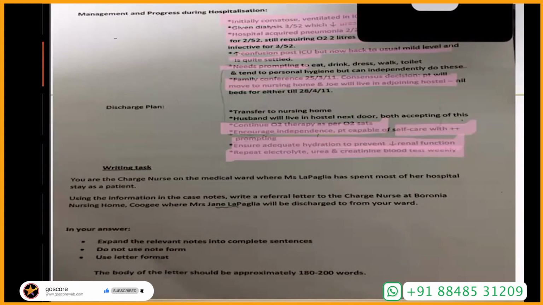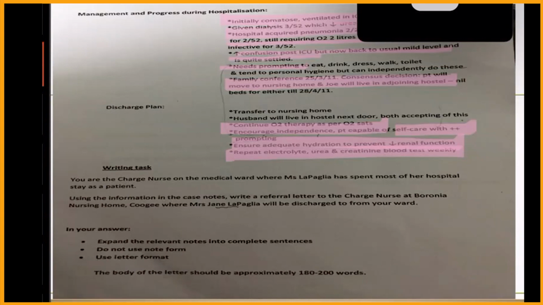The better way of saying it is kindly ensure proper hydration, to restore normal renal function. Kindly note that electrolytes, urea, and creatinine blood tests are to be repeated.